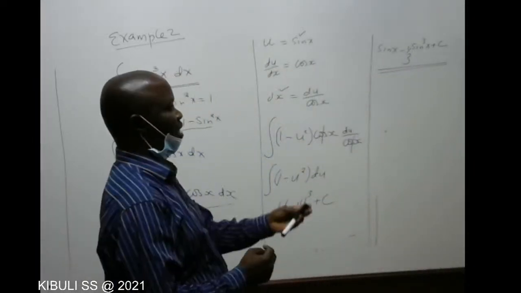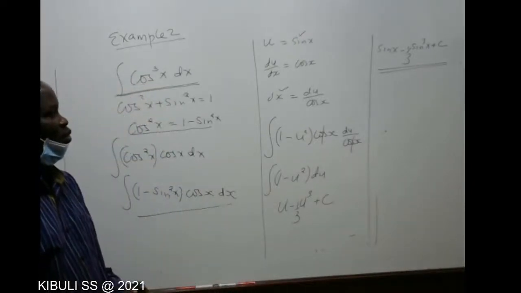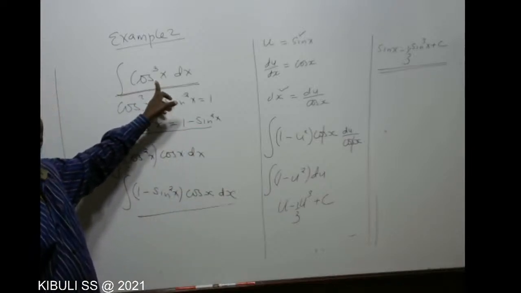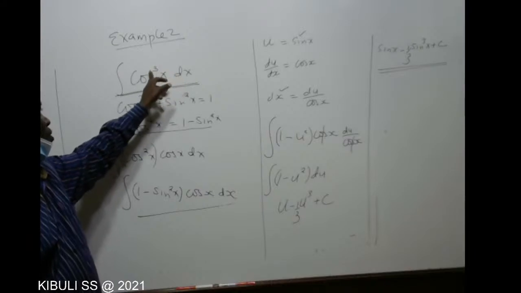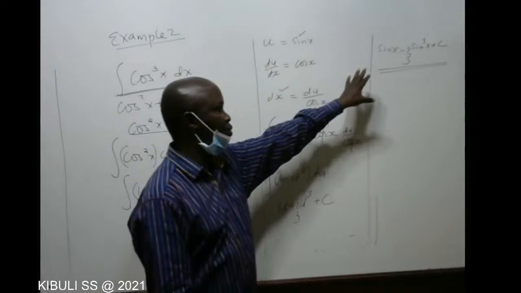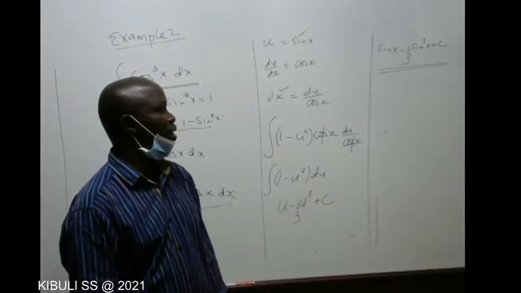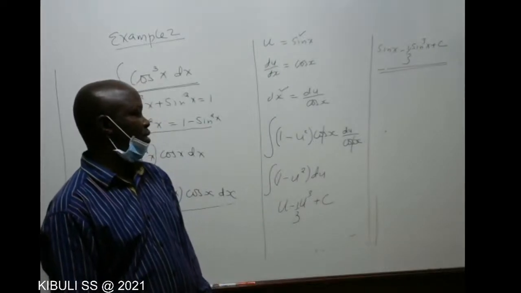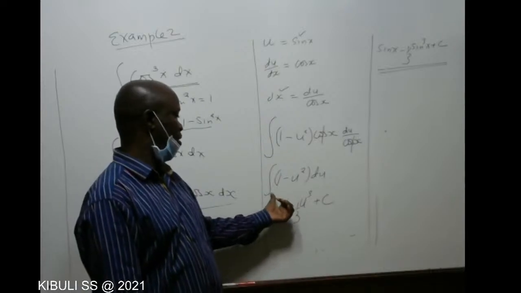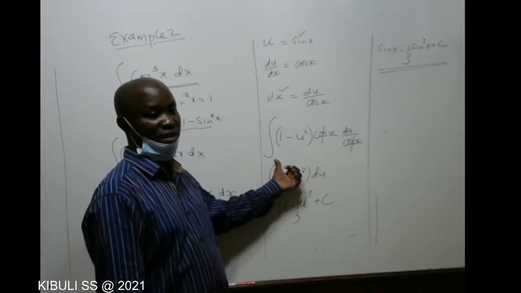If you can give us that answer, then it means you have integrated an odd power of cos x. Don't forget the c, because that is a constant, which caters for the missing lower limit and upper limit.